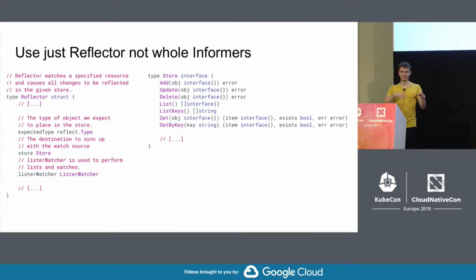All of this cache logic, I already said, Kubernetes Client Go is super helpful in that. It gives the high-level idea of informers. Underneath that, you have reflectors. Reflectors, in the end, let you watch a resource and update a store that you can define, and you can implement this interface that you see on the right side.